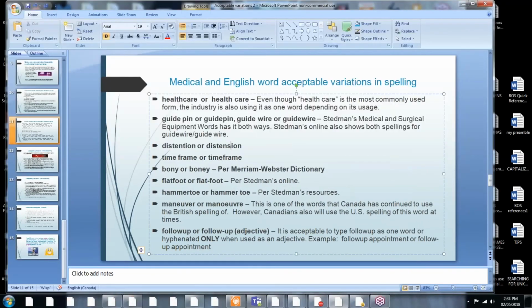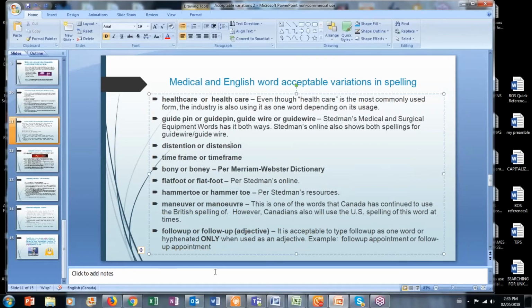Flatfoot and flat foot, per Stedman's, they're both acceptable. Same as hammer toe, one word or two, per Stedman's resources. Now maneuver is a little bit different. This is a British spelling, which we are not permitted to use in the course. However, this is one of the British spellings that Canada has continued to use.